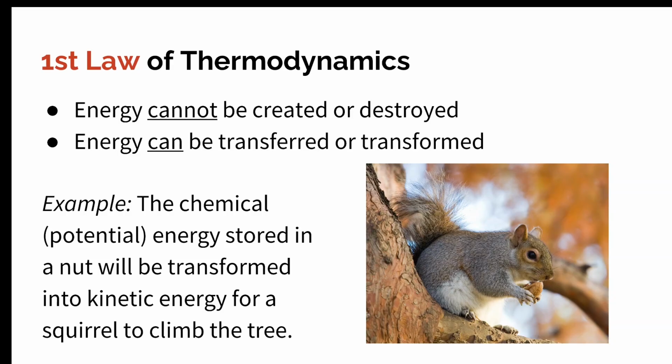So if you have potential energy, it could stay as potential energy, or you can take potential energy and convert it later. Like the example that I have here, the chemical energy that is inside of this nut that this squirrel's about to eat will be transformed into kinetic energy for the squirrel later to be able to climb a tree.